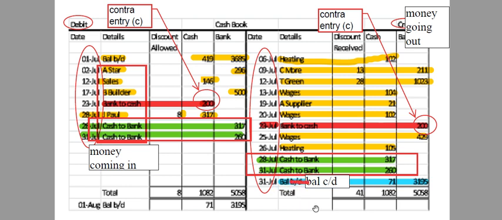You know that balances at the end of the month are not BD balances, they are CD balances. So the balance CD is $71. This is the cash you have at the end of July, and this cash will be transferred to the next period on the opposite side as balance BD. So this balance CD becomes balance BD. We can draw an arrow to show that.